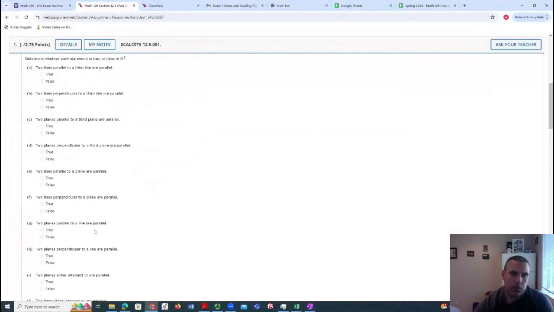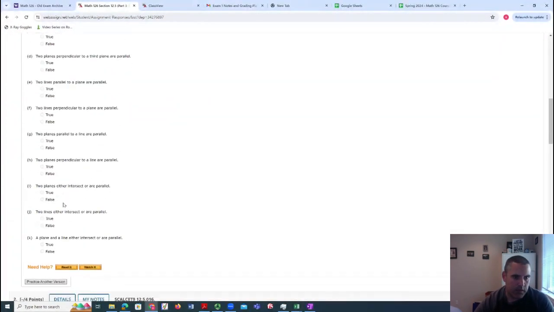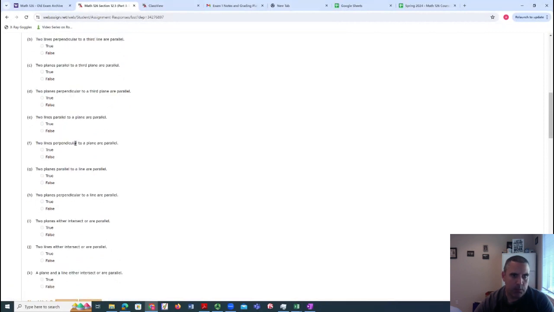So anyways, one comment is right here. The two things I copied: 2 lines perpendicular, 2 lines parallel to a given plane are parallel. And then 2 planes perpendicular to a given line are these 2 things I picked. This one and this one I put on our exam.